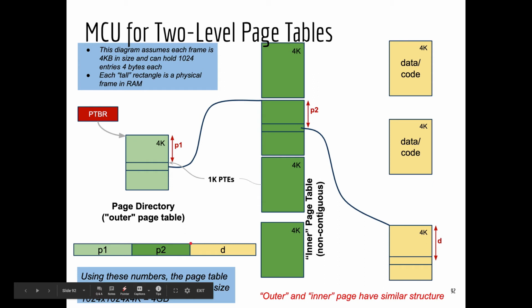So the number of bits for the offset has to be 12 bits because 2 to the power of 12 is 4K. So we have 10 bits here, 10 bits for the inner page table number, and then 12 bits for the offset. In total we have 10 plus 10 plus 12, which is 32.